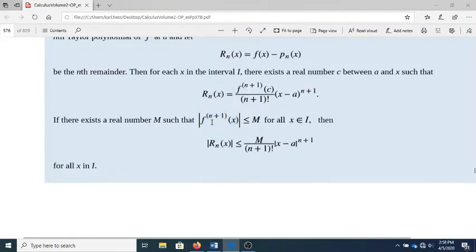If we can figure out that maximum, then we can substitute that maximum into our numerator, and then we can actually do a calculation for what would be an upper bound for our error.